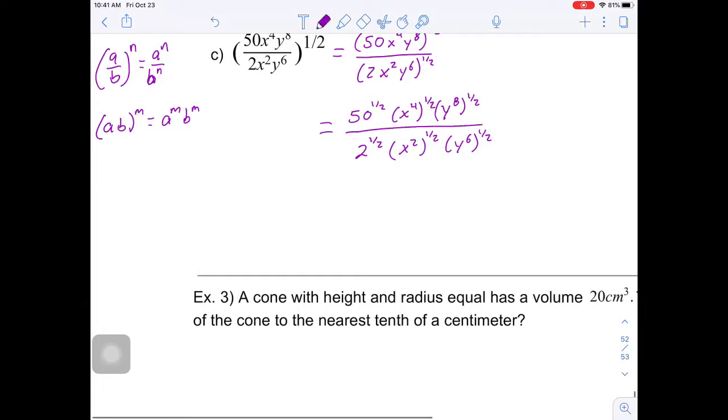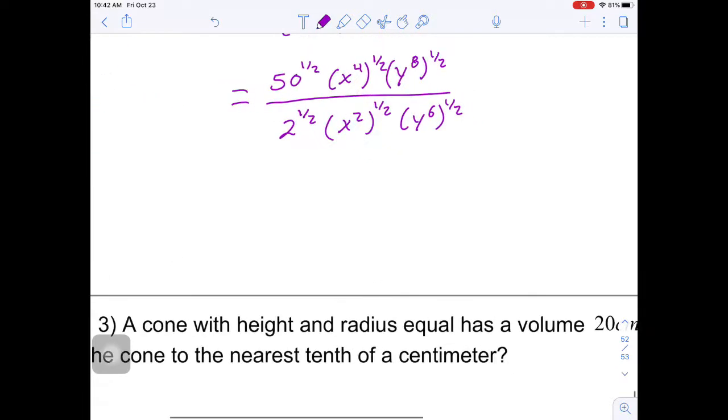Now I'm going to use my other law here, which is the power law, power to the power. So a to the power of n to the power of m, you multiply those exponents. At the moment, I'm going to leave these two values, 50 to the power of 1/2 over 2 to the power of 1/2.